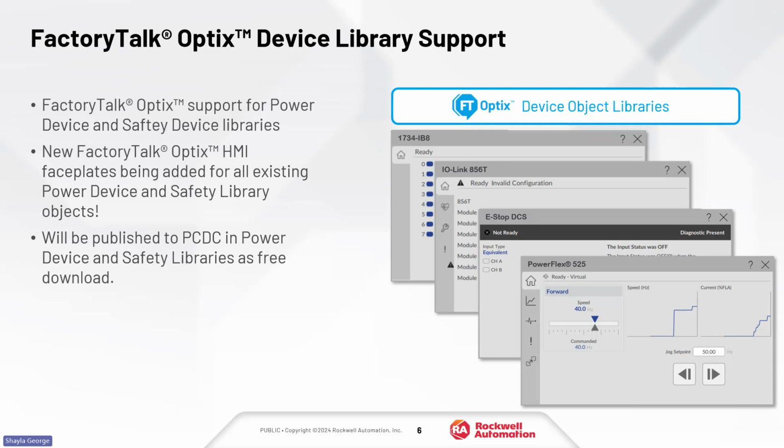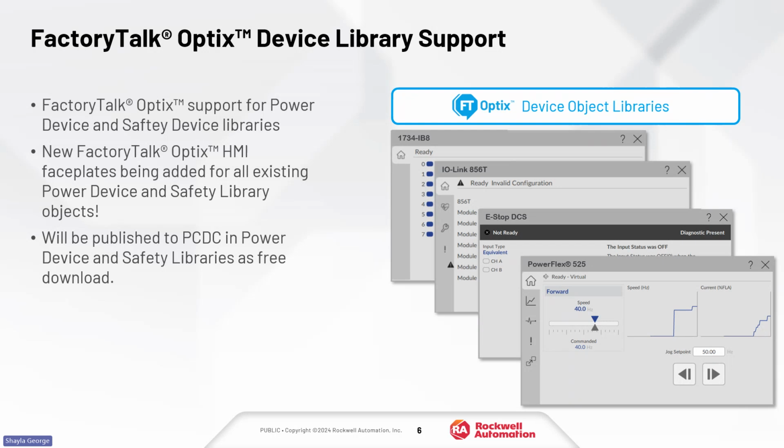So to dive deeper into some of the features that were included in 1.4, one big thing was the device library. So support for device libraries and those faceplates were included in release 1.4 of FactoryTalk Optics. This is for both power devices and safety devices. And so now you can bring those faceplates into your Optics HMI.